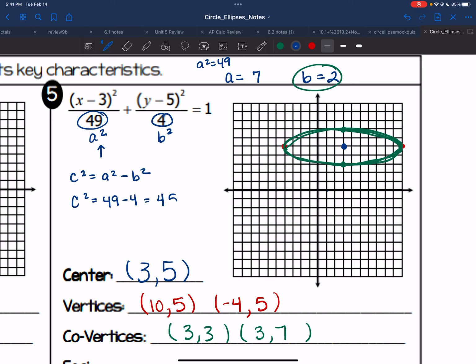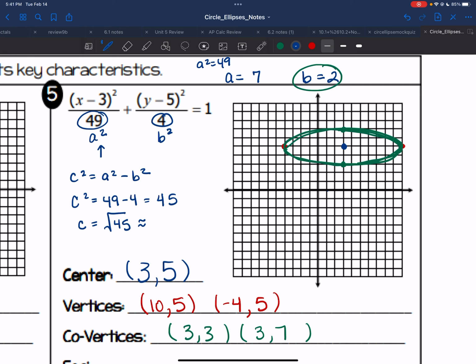So c is equal to the square root of 45. Now with this, you're going to want to go ahead and calculate this into numbers so that it's easier to graph. For those of you who are planning on taking calculus next year, you definitely want to do this to a full 3 digits.